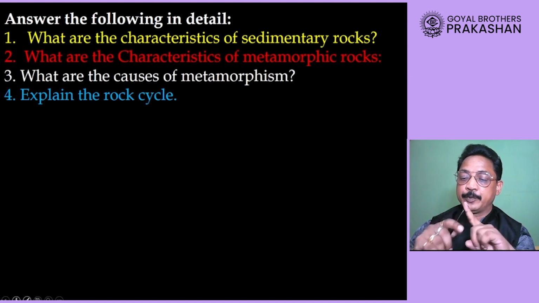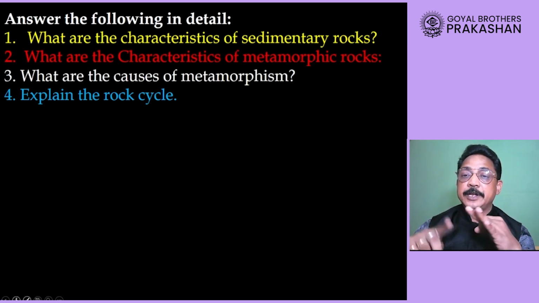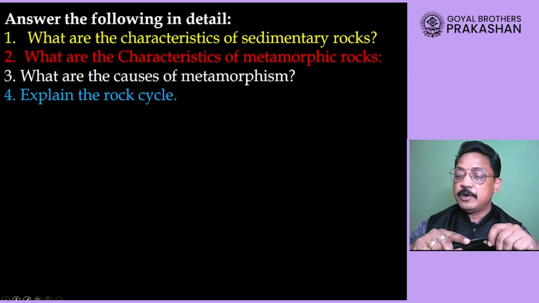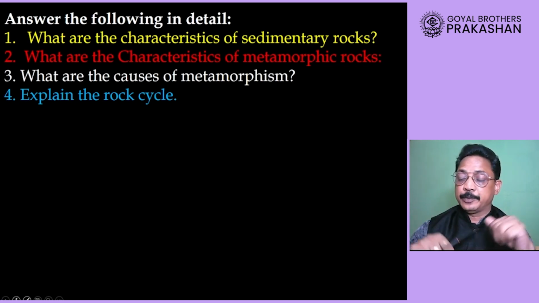Point number 2: the mountain building process, that is a dynamic process. Point number 3: endogenic forces, that means the forces which are inside the earth. And point number 4: contact with hot water that is present under the surface of the earth.